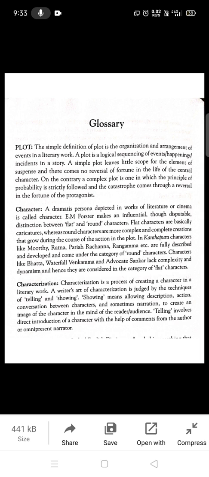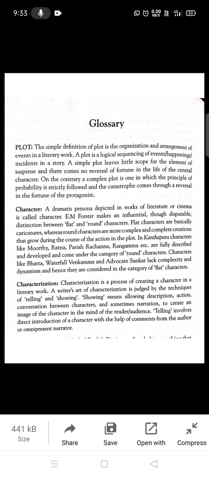In a piece of work, character is presented before the audience or the readers in two ways, and these two ways are either by telling or showing. By telling means there we find a description of the character. The narrator or the writer himself or herself describes the character. This is telling. The other technique is showing.